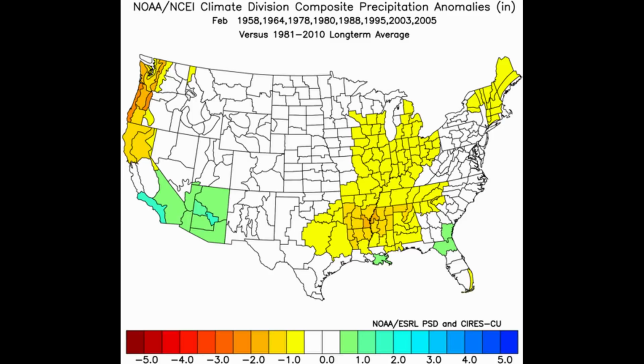They also have drier than normal conditions in the Pacific Northwest and Northern California, but wetter than normal conditions in Southern California and small parts of Louisiana and Florida. In March, the areas that are wetter than normal are the Southeast and California area, with drier than normal areas in eastern Texas and the western Midwest area.